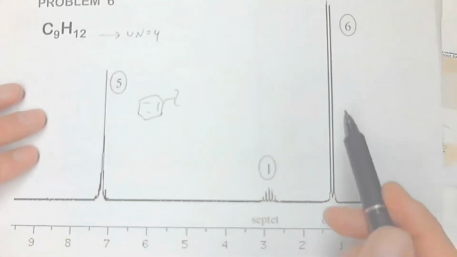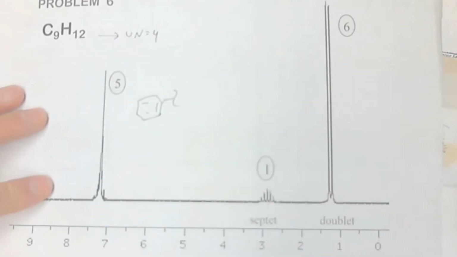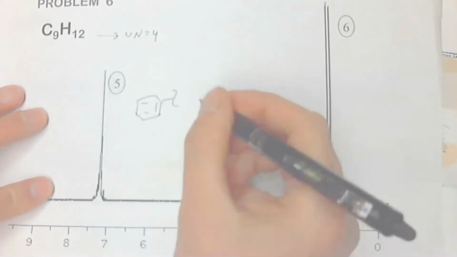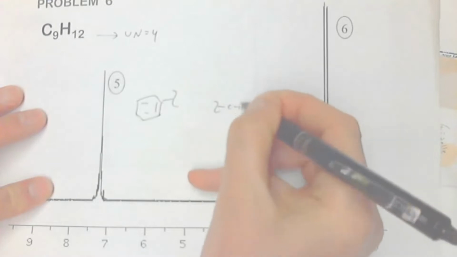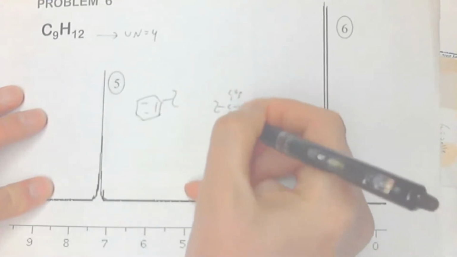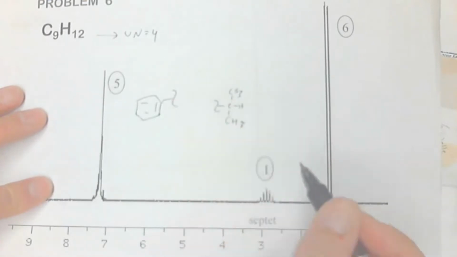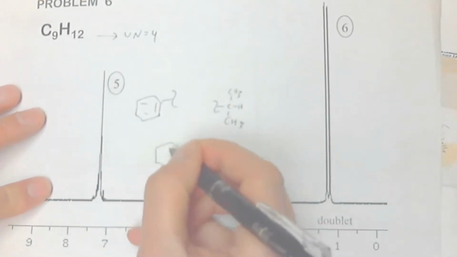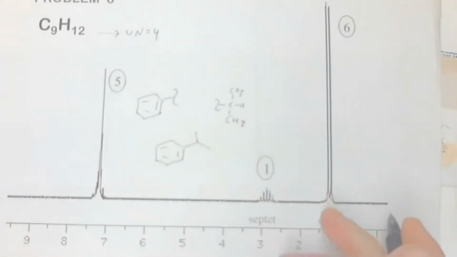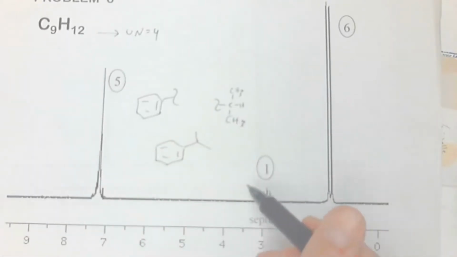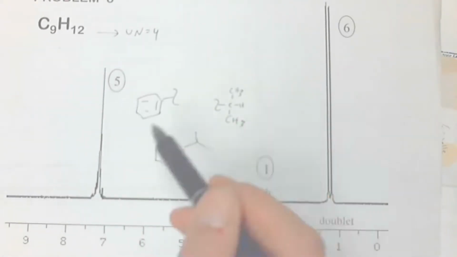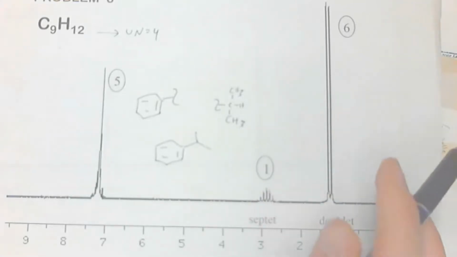Monosubstituted. We've seen this pattern 1,000 times now, and it's an isopropyl group. The answer is isopropyl benzene. So we could have done the whole chart table method and got the same answer, but this is so easy.